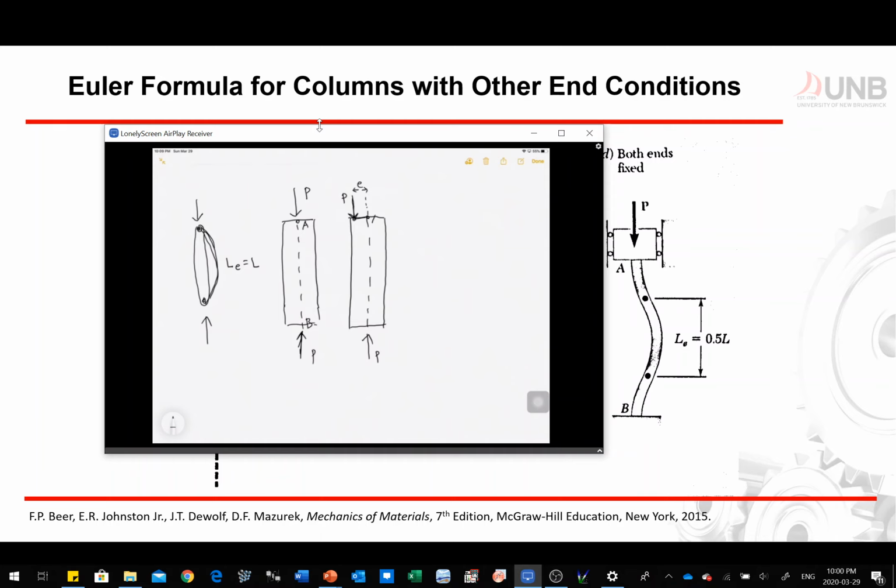Now, let's look at this specific case. We have point A and point B. We discussed the force couple system. What do we mean by force couple system?